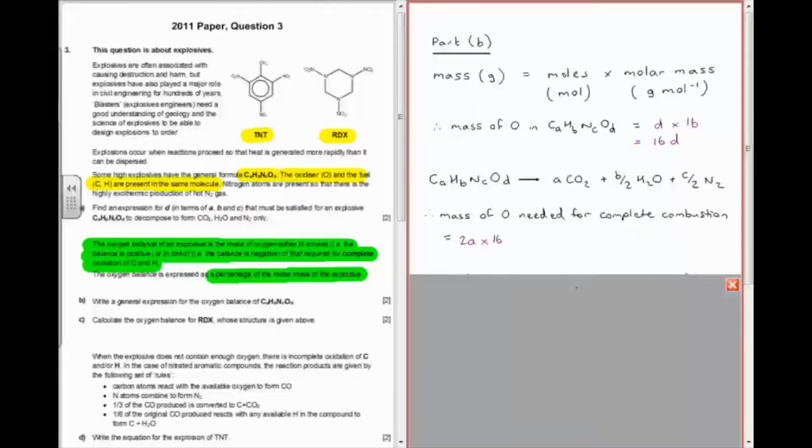We generate B over 2 moles of water, each molecule of water containing 1 mole of oxygen, and so the mass of oxygen in our B over 2 molecules of water can be represented by B over 2 times 16. So we can represent the mass of oxygen needed for the complete combustion of our fuel as 16 times 2A plus B over 2.